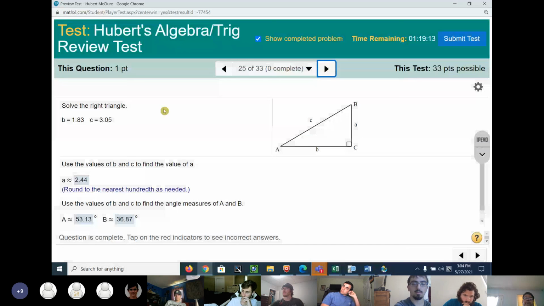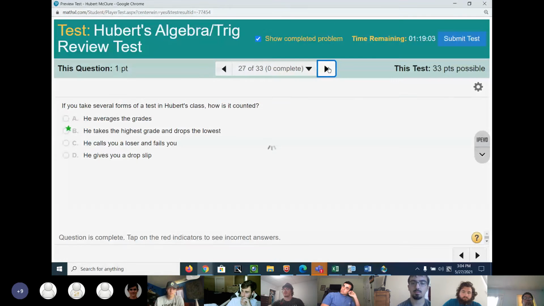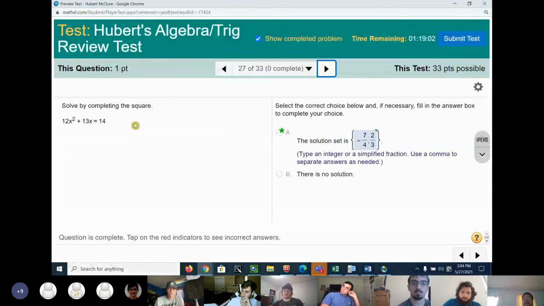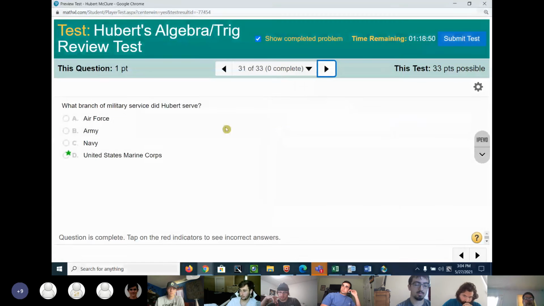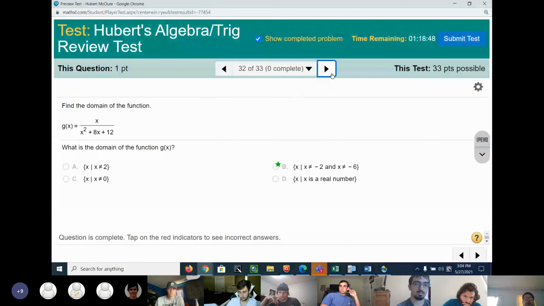Pythagorean theorem. Completing the square. Find the domain. Set the denominator equal to what?